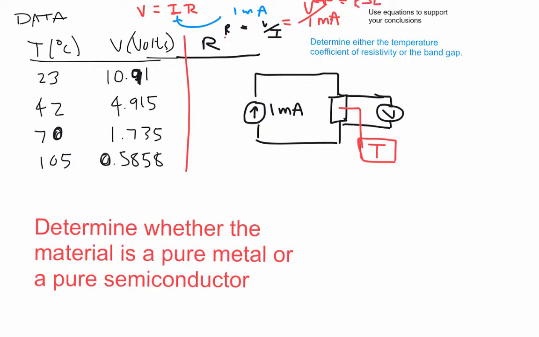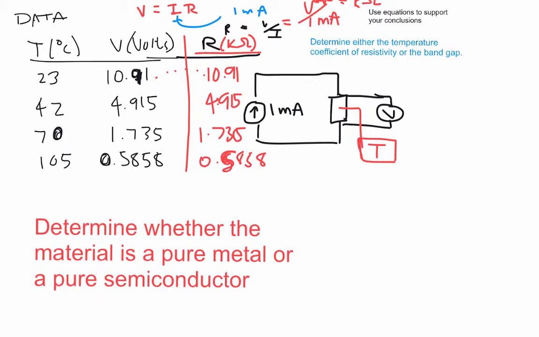So this is going to be in the units of kilo ohms. And what we have here is basically these same readings over here, 10.91, 4.915, and so on, 1.735, 0.5858. These are now in kilo ohms.